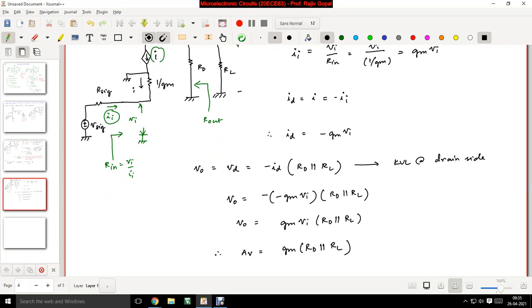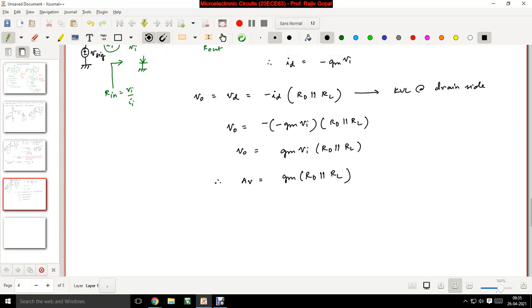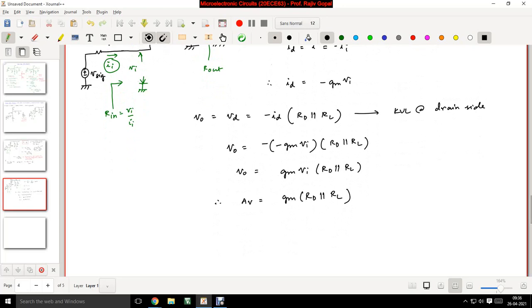Again, here I have not included R naught just to make this analysis easy. That's all, no other purpose. So this is Av. Let me put it in a box. From this you can say that CG is a non-inverting amplifier.